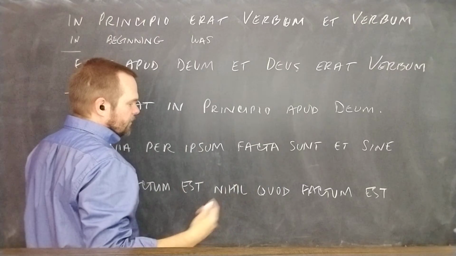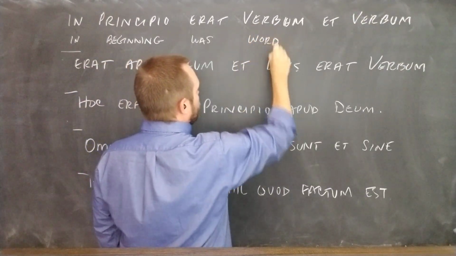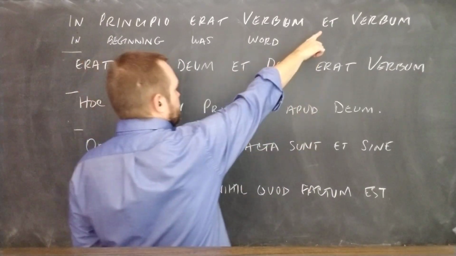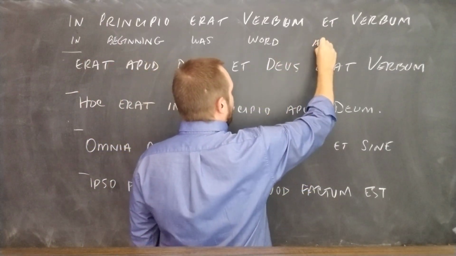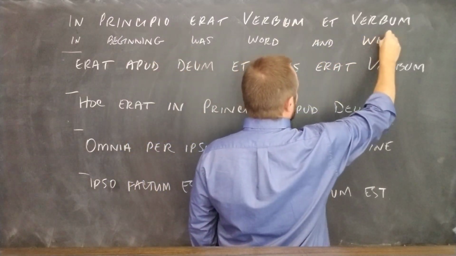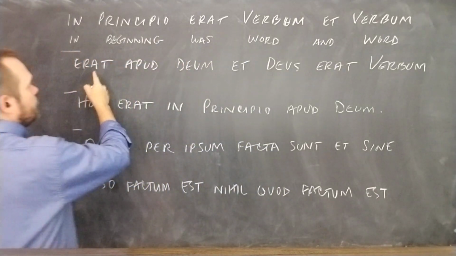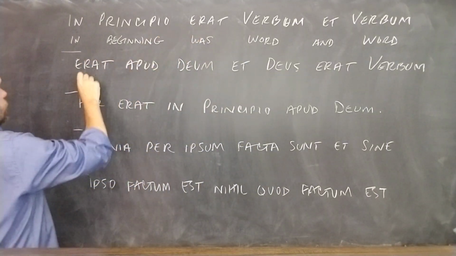Verbum, the exposition tells me that verbum means word. The exposition tells me that et means and, then I have verbum again. And I continue. Erat, the same word we saw here, means was.